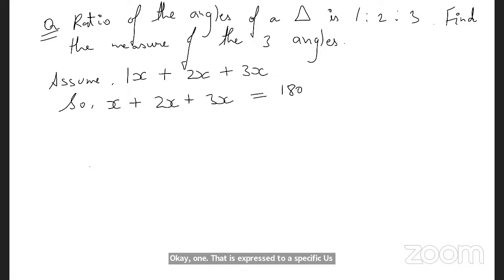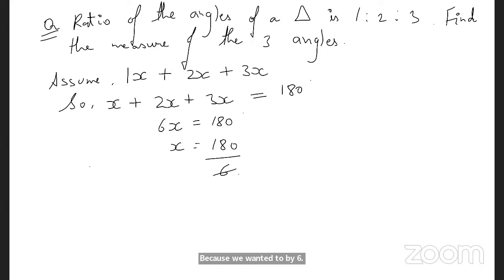And the total of the ratio, like Simeon said, comes to 6x equals 180. X equals 180 by 6. You can divide it. 6 ones are 6, 6 threes are 18, and 0, equals 30 degrees.